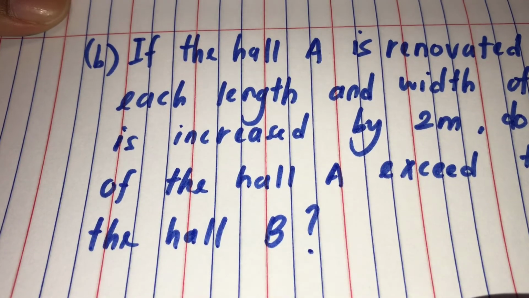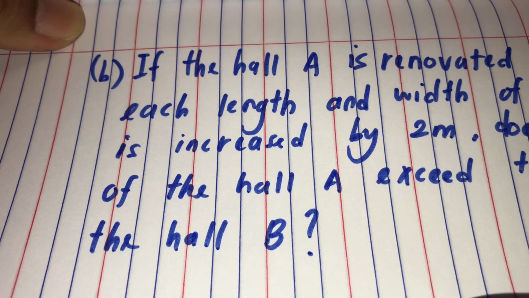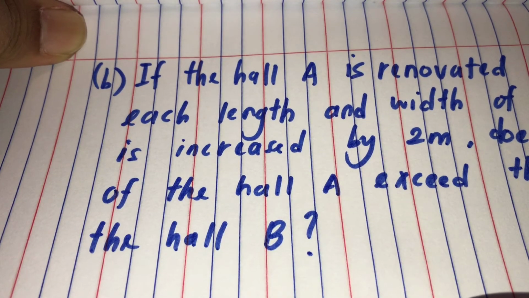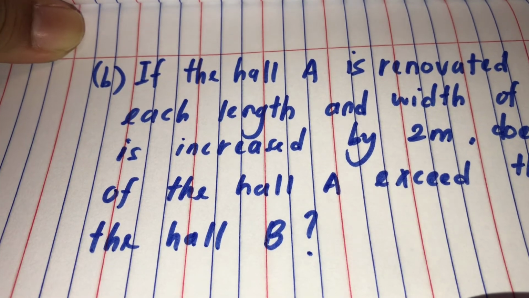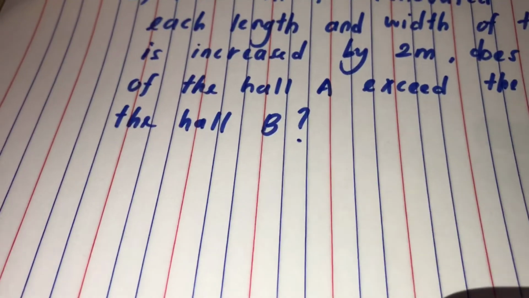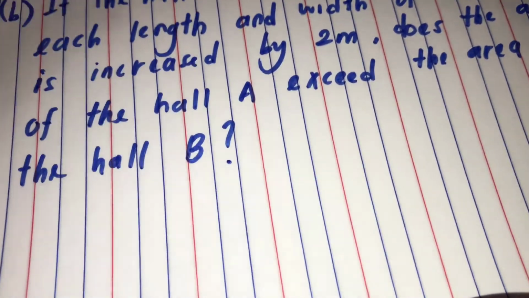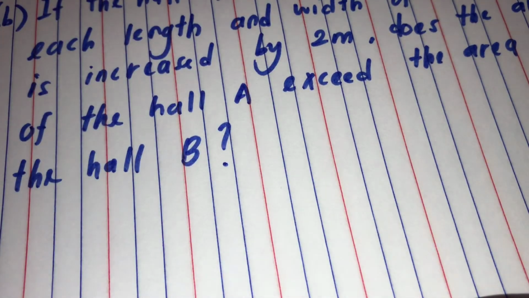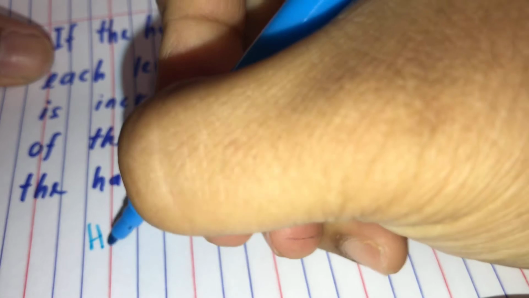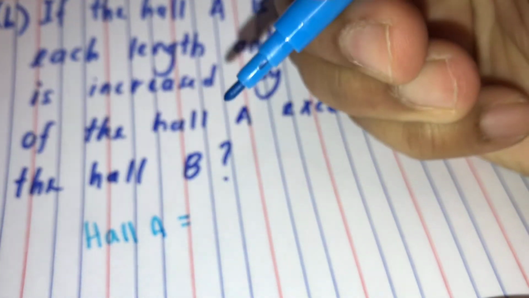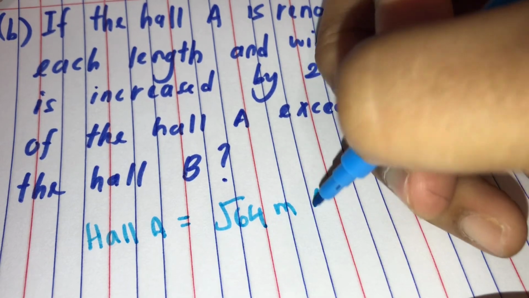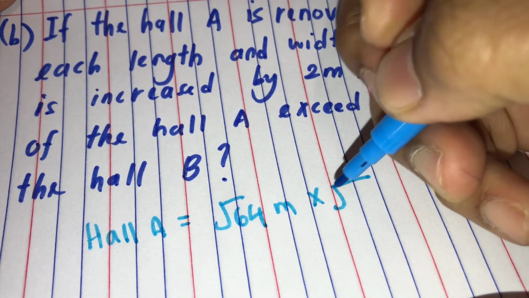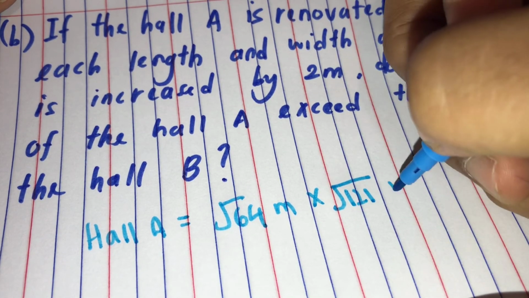Okay, next question. For question B, if hall A is renovated in which each length and width of the hall is increased by 2 meter, does the area of hall A exceed the area of hall B? Okay, just now you know the measurement of hall A equals square root of 64 meter times square root of 121 meter.